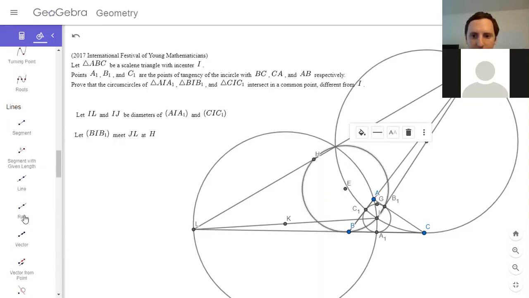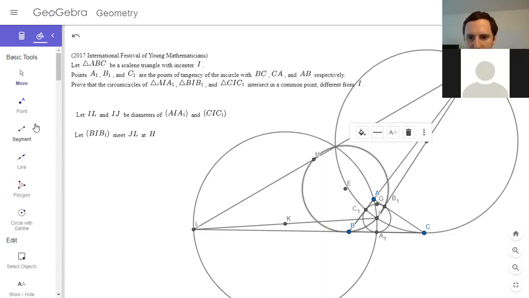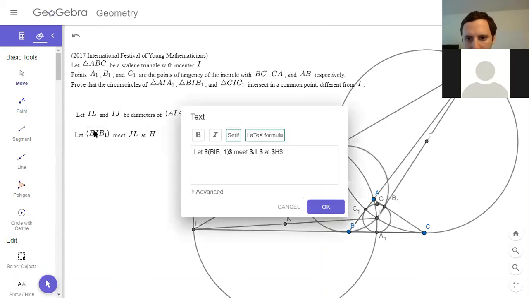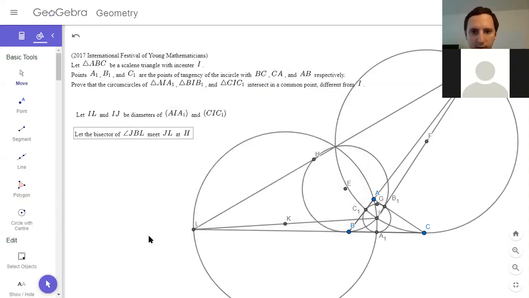I'll instead write it like this. So let the bisector of JBL meet JL at H. Okay, so I'm going to do it that way instead.